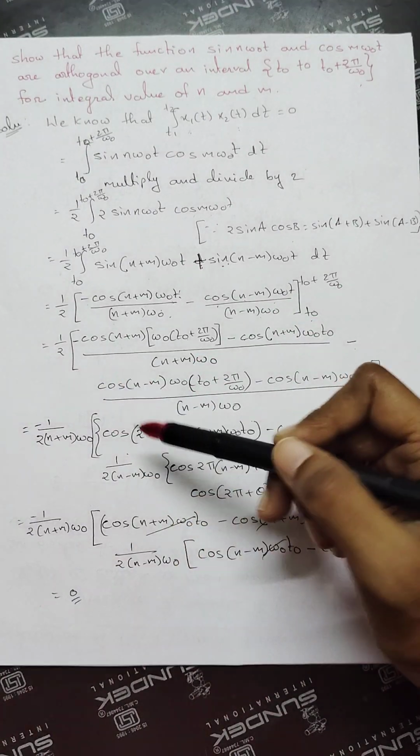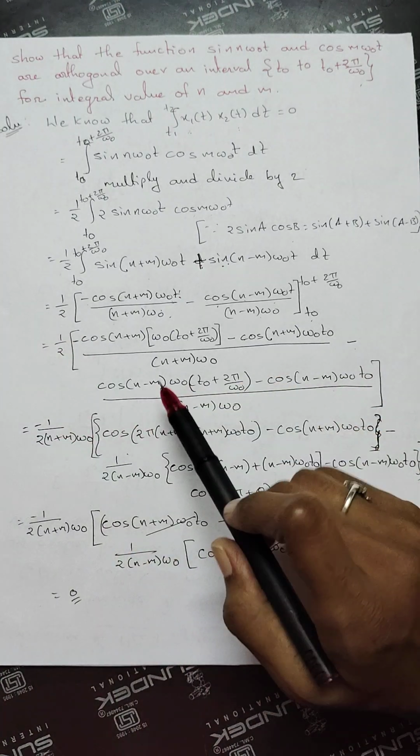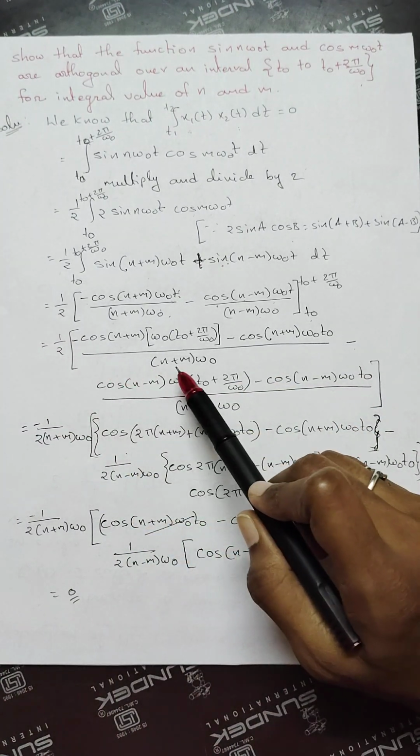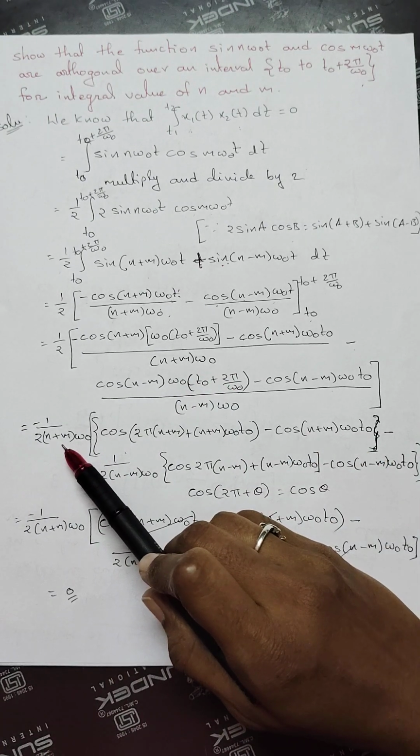Here 1 by 2 into (n plus m) omega naught is common.